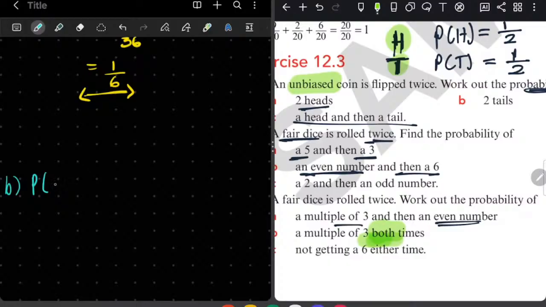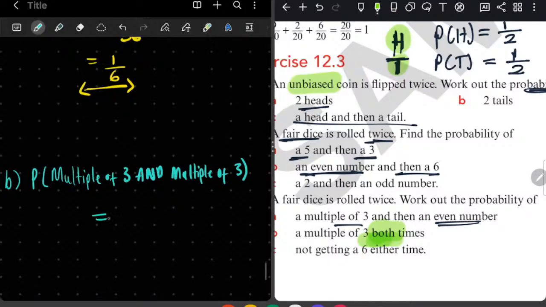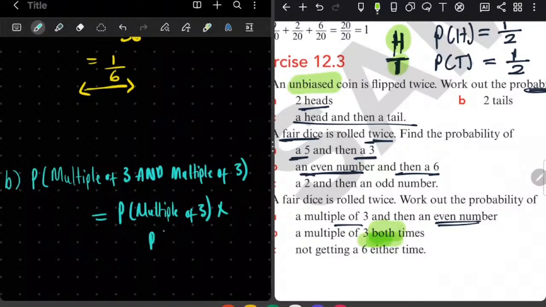So probability of a multiple of 3 both times means probability of a multiple of 3 and a multiple of 3, which is equal to probability of a multiple of 3 times the probability of a multiple of 3.